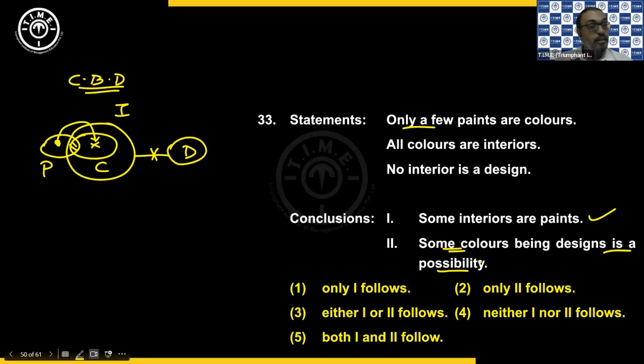Is it allowed? No, it is not allowed. Because you clearly have no interior is a design. So that indication helps us understand the movement of the circle. So D is never allowed to overlap with interior, then it can never overlap with color.